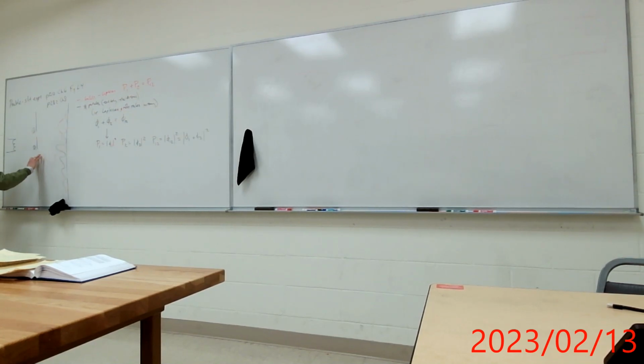If we open 2 and close off 1, what do we get? We get this red thing. So this really is P1 and P2, but if both are open, I don't get P1 plus P2. Instead, I get this interference pattern.